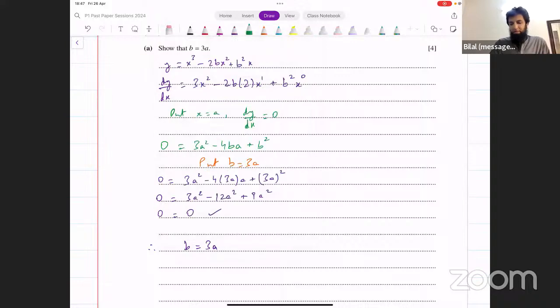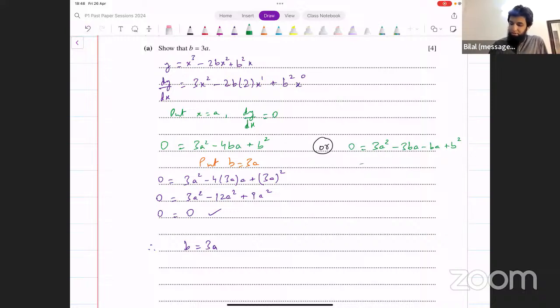Another way could be, I think, by trying to factorize this. You can see if this can be factorized somehow. Middle term breaking, you've got 3 there. Just like you used to do in O-levels earlier. Break this middle term somehow and try to factorize this. Can you do that? 3 and 1. You can actually break it down like this. You can say this is 0 equals 3a squared minus 3ab, ba is the same thing as ab, right? Minus ba plus b squared. And now take something common from the first two terms and from the second two terms.